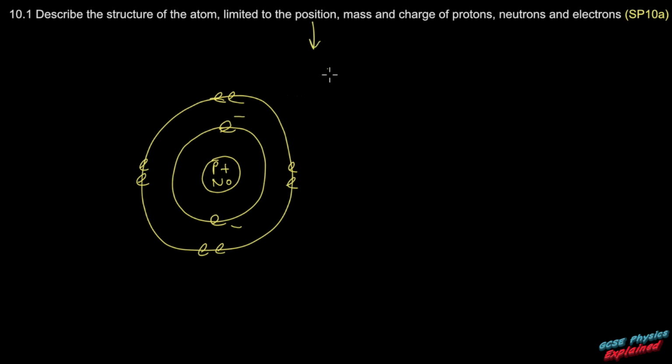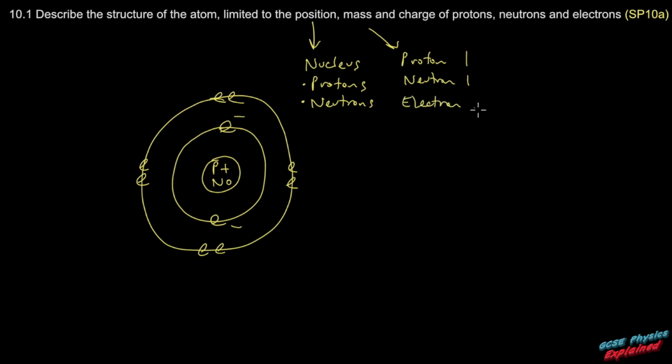Right, so the position. In the nucleus, you've got the protons and the neutrons. The mass. Well, the proton has a relative mass of 1. The neutron has a relative mass of 1, and the electron has a relative mass of 1 over 1840.